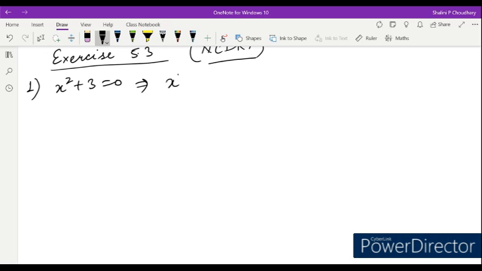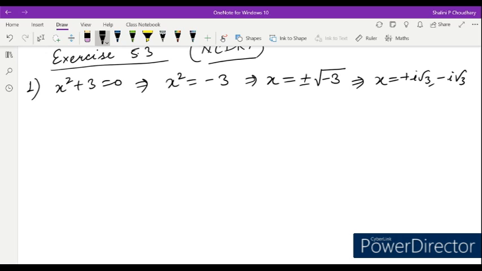It means x square will be equal to minus 3, then x will be equal to plus minus square root of minus 3. So what value will we get for x? X के लिए we will get two values. एक होगा plus I root 3 and दूसरा होगा minus I root 3. Okay, so these will be the two roots of x.